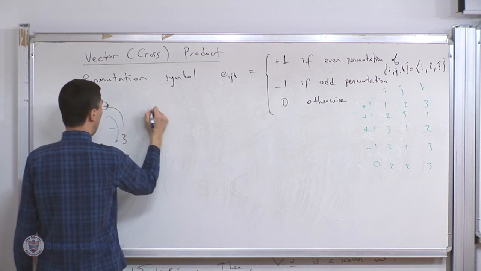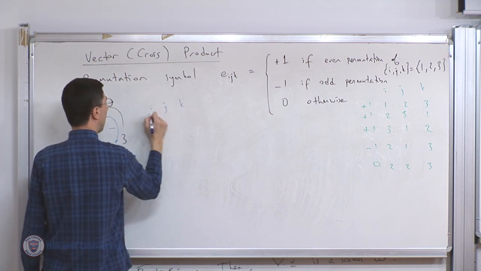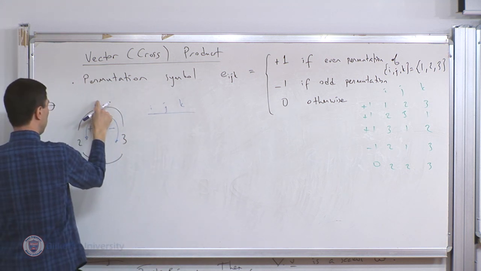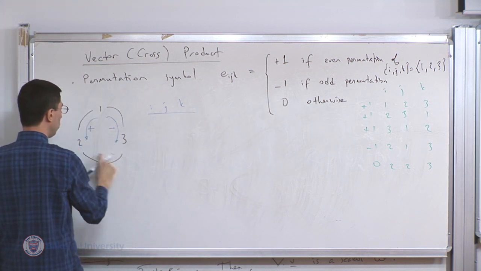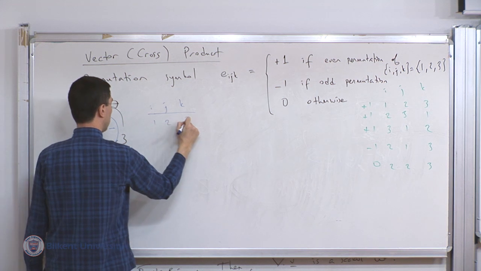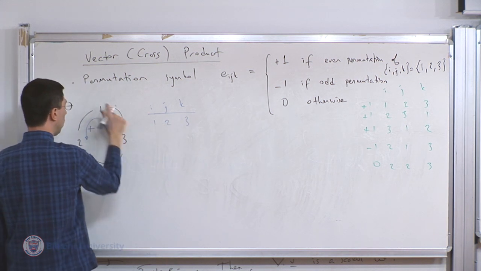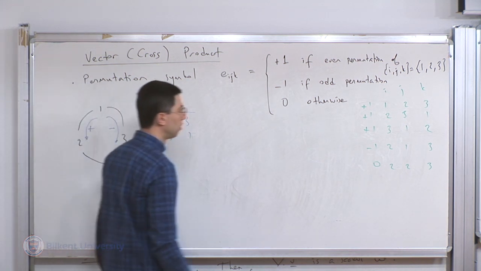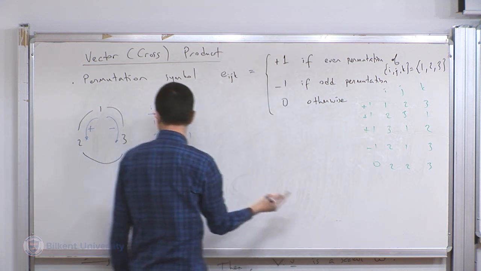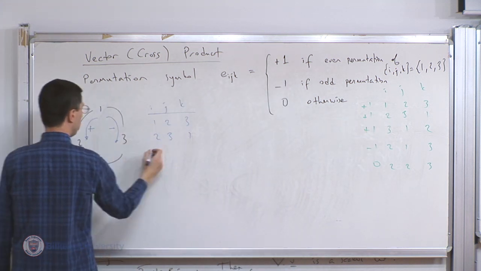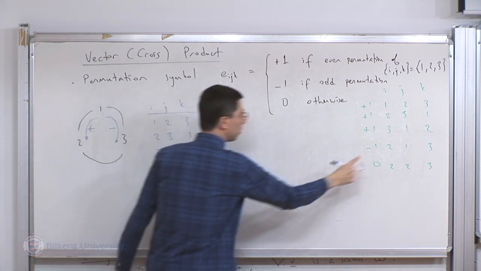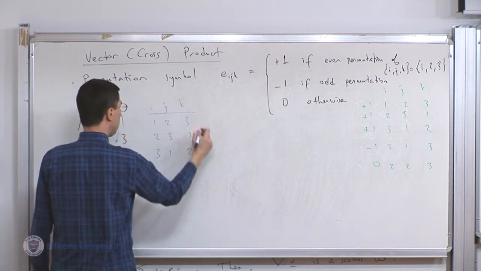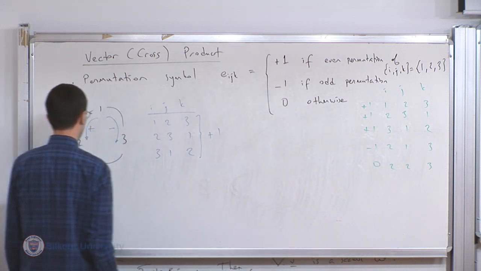So let's start, for instance, with i, j, k. I rotate like this: 1, 2, 3, or 2, 3, 1, or 3, 1, 2. These are all plus 1.